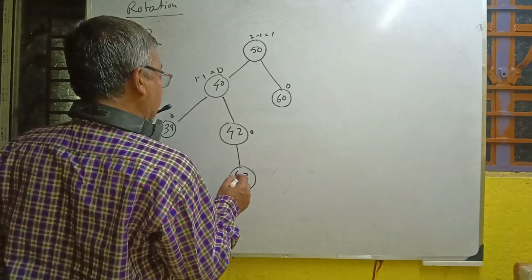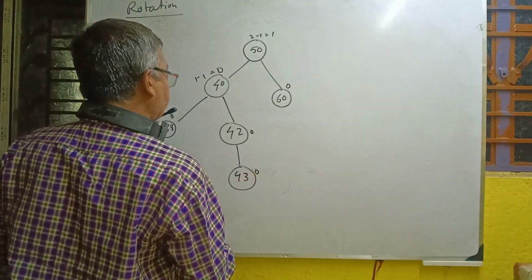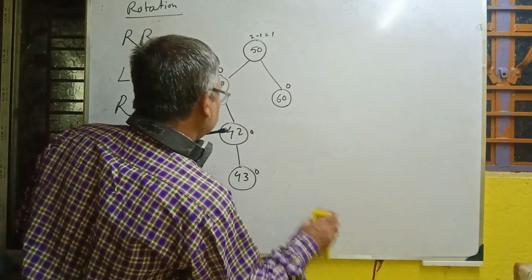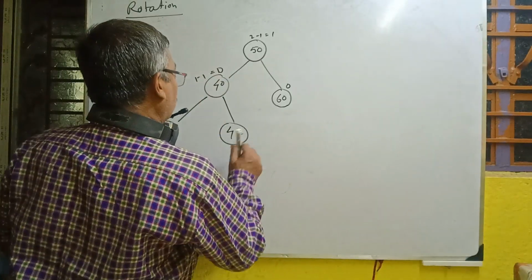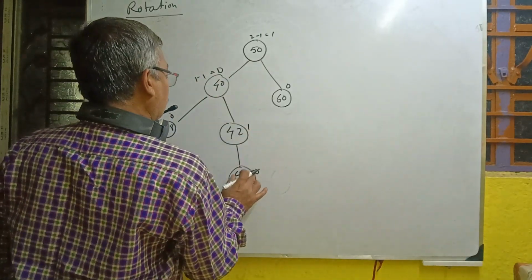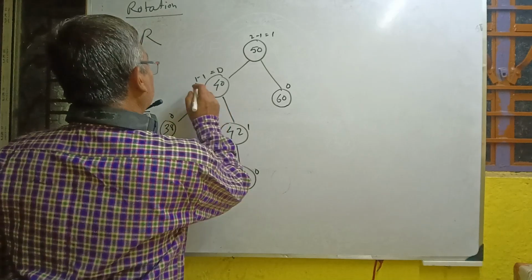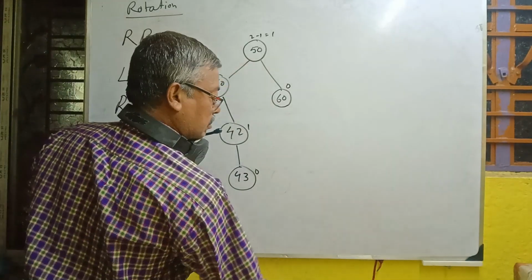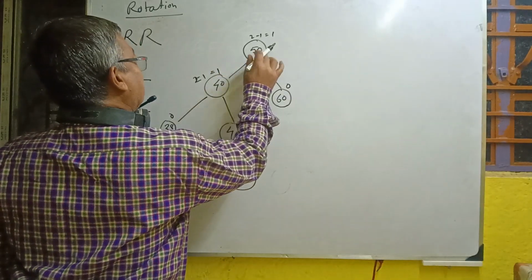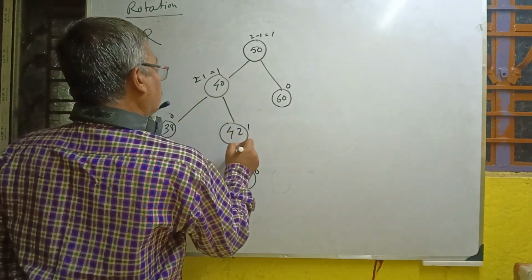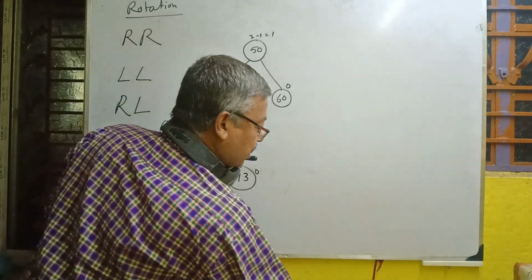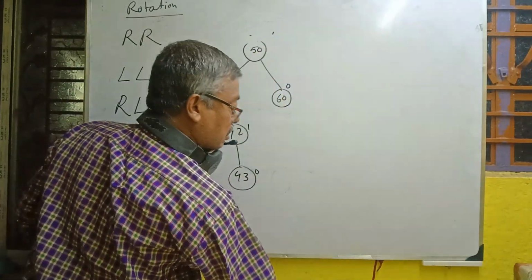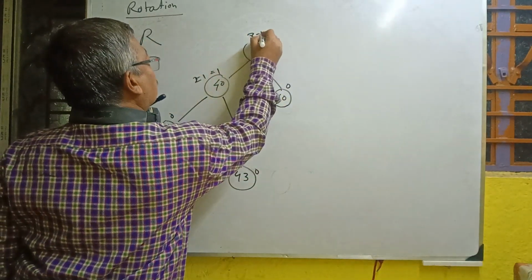Now I am checking the balance factors. 43 is 0, 42 is 1, 40 is 2 minus 1, that is 1. Balance factor of 50 is 3 minus 1, that is 2.